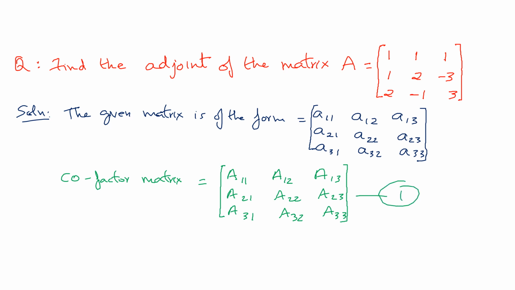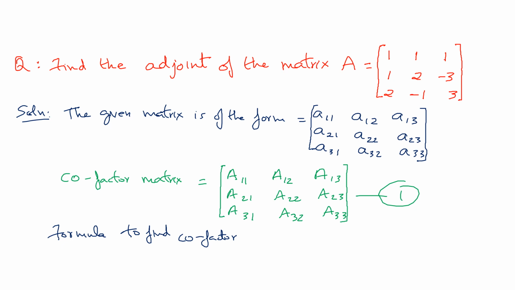What is the next job? Next job is to find each of the cofactors. So what is the formula for finding the cofactor? So you have to write the formula because formula carries marks.